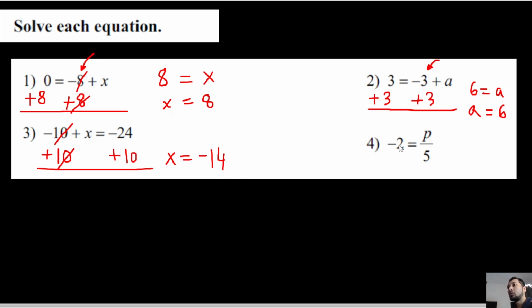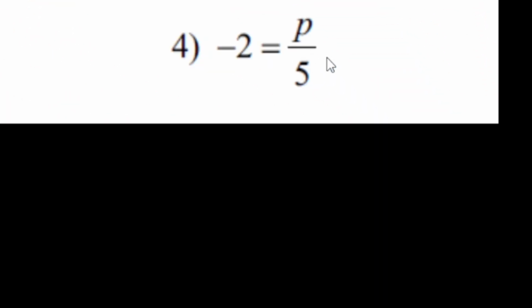Number 4, we have -2 equals p over 5. Now this fraction bar means division. That means we need to do the inverse operation of division, which is multiplication. So in this case, we multiply by whatever is required to get rid of this fraction. So here p is divided by 5, so the inverse operation is multiplication by 5.